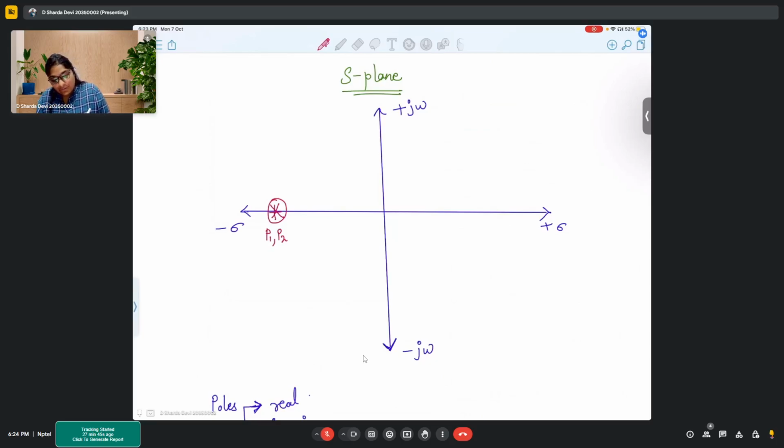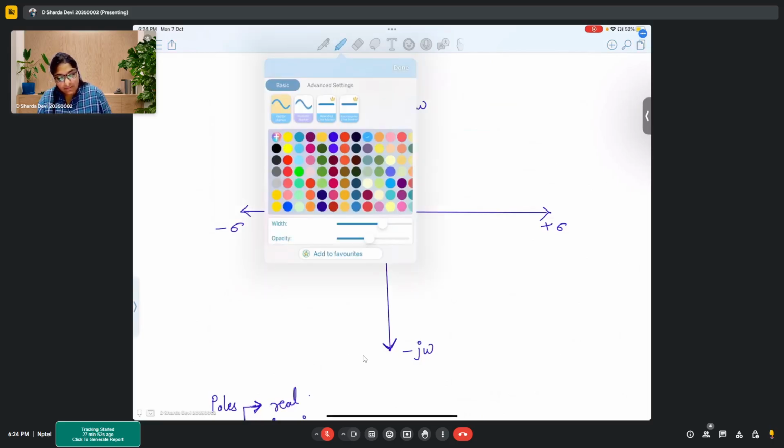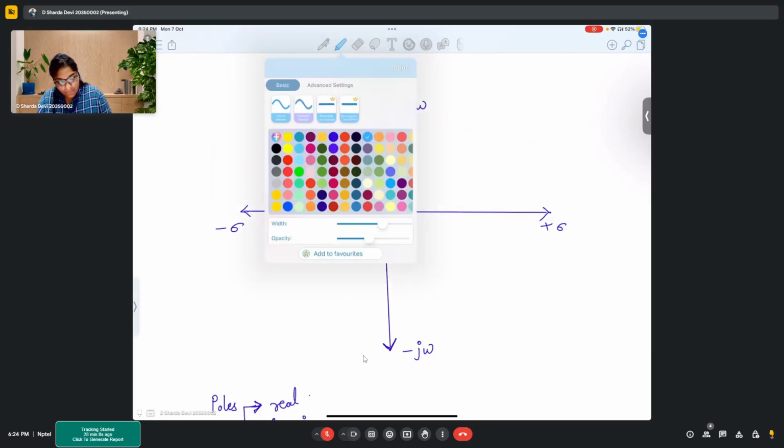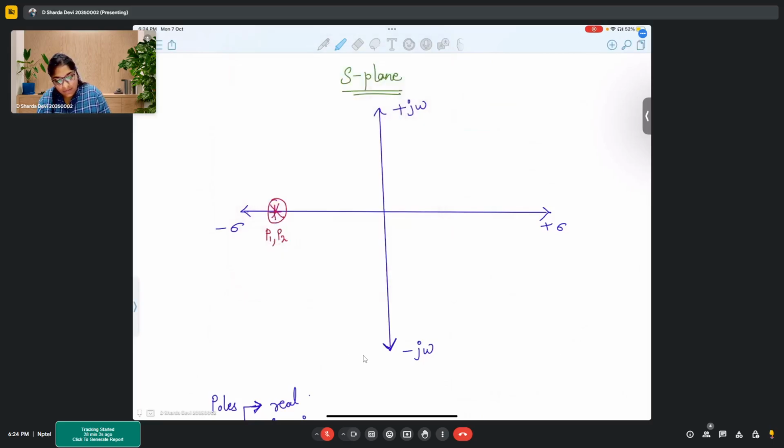And if you see that anything that is on the left side of this plane, okay, anything on this side of the plane is stable.